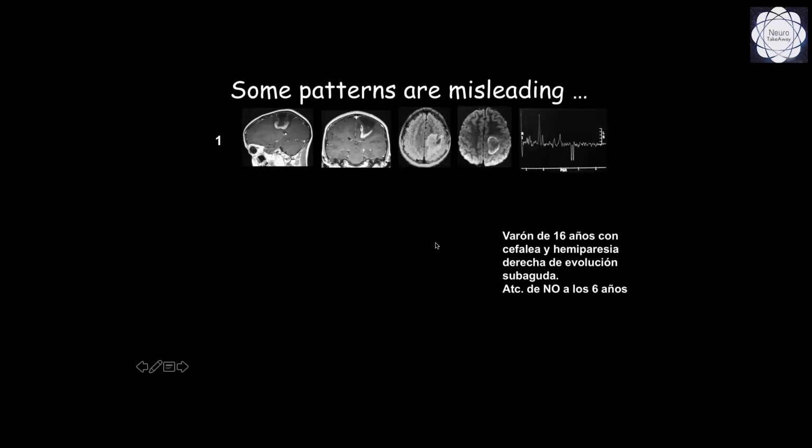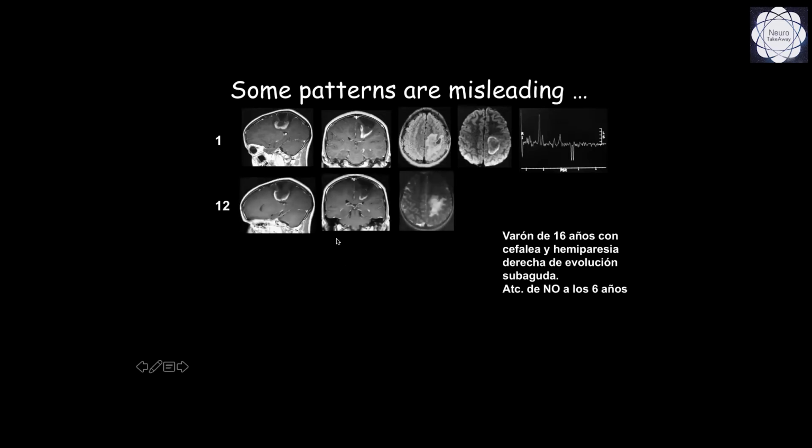He was about to undergo biopsy by the neurosurgeon, and as you can see, he had a very typical pattern of a tumefactive lesion with an open ring pattern of enhancement, a peripheral restriction, and this typical pseudotumoral spectroscopic pattern with high choline and lactate.